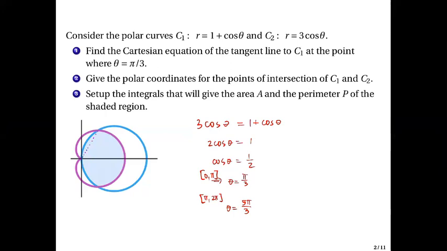And then this one here, let me use another color. This is your 5 pi over 3.